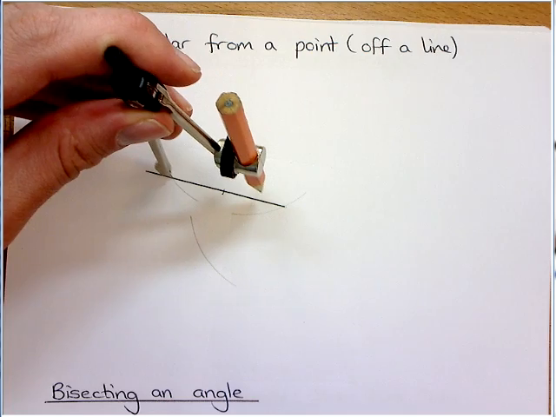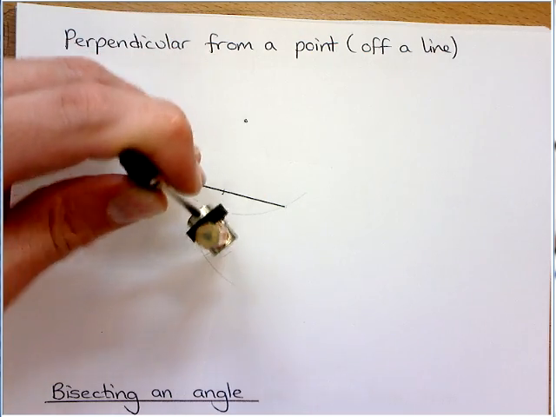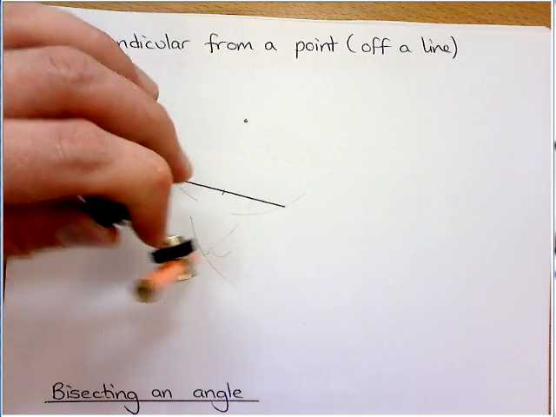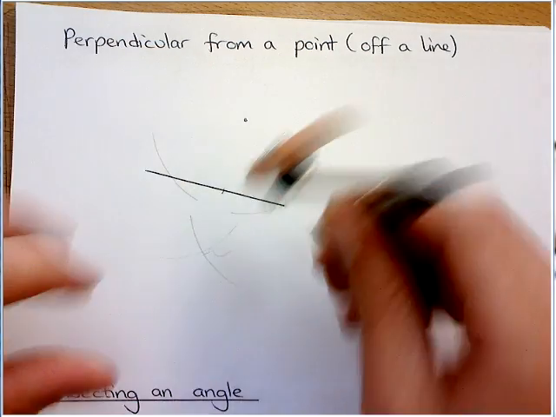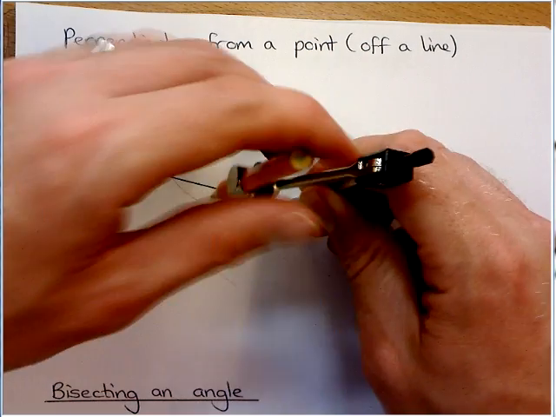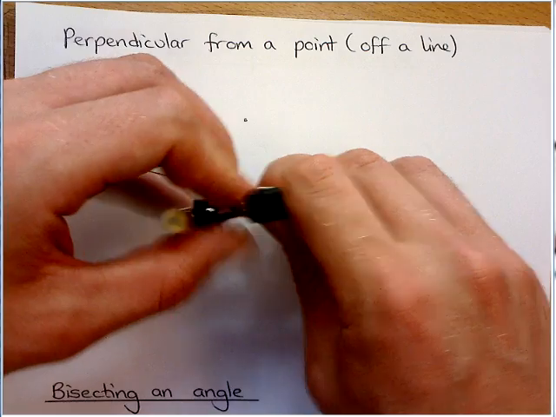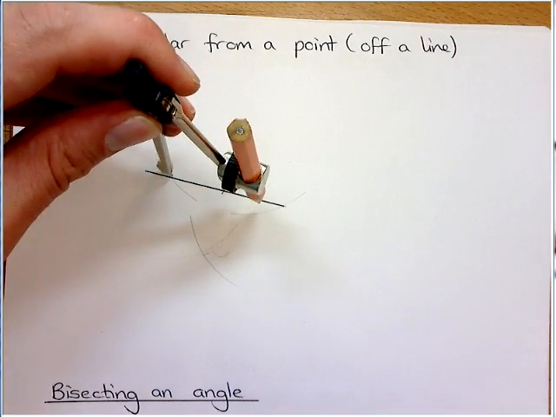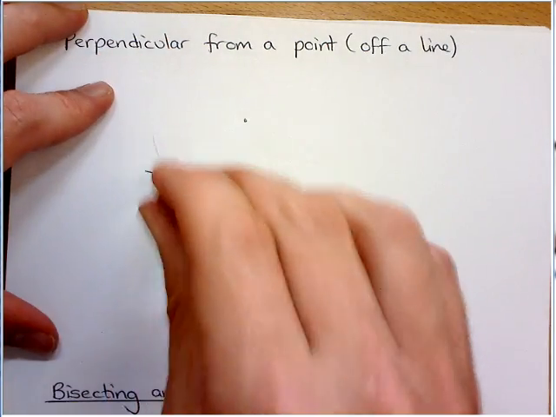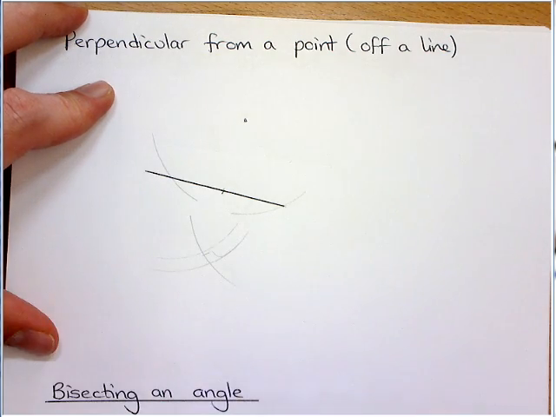Now you'll notice I'm not going to do the one above. In fact, I will do it. Let me just check that hasn't moved, because it wobbled a bit. Yeah, it did move. So I'm just going to have to do this one again. It's a problem with these rubbish compasses. You're definitely better off buying a decent one.